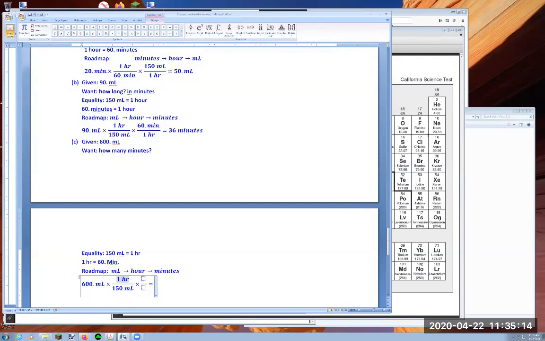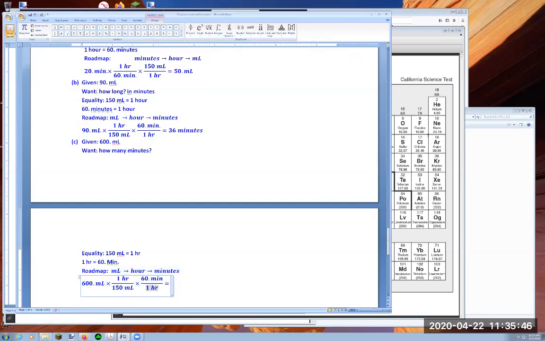We want to cancel that intermediate unit in the next conversion factor. So the next conversion factor should have hour in the denominator, and it's 1 hour equals 60 minutes because the desired unit is minutes. The desired unit will always go on the top, and the 1 hour will go on the bottom because we want to cancel the units of hours.